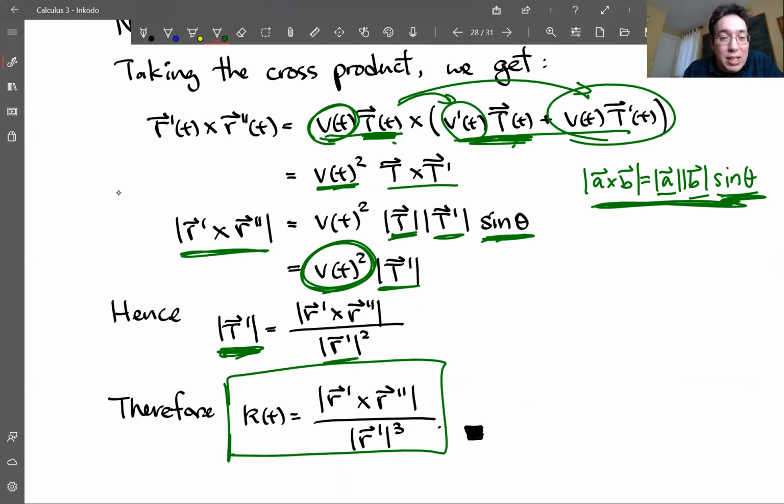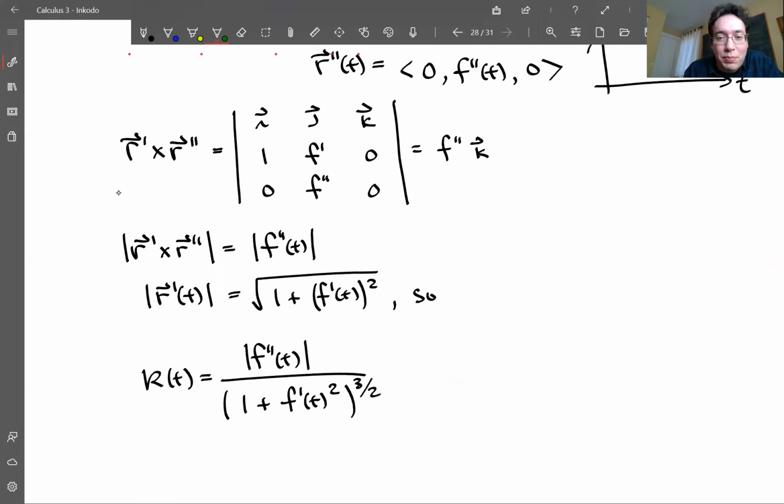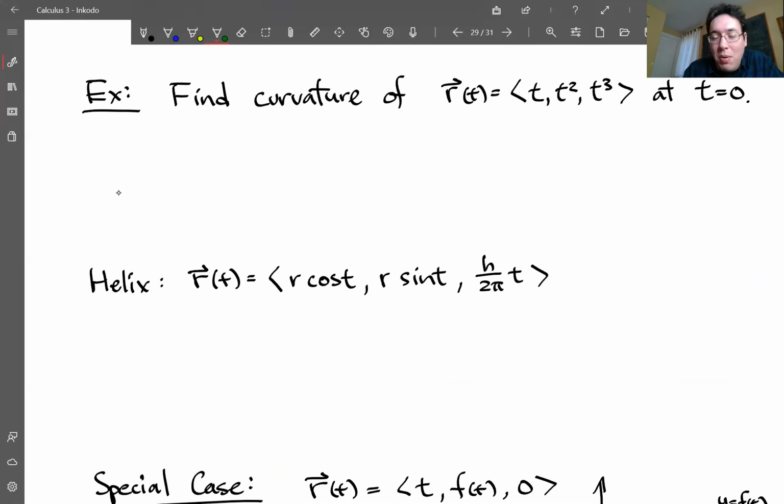Okay, let's try using this formula. All right, so let's take a curve, t, t squared, t cubed. So we take a couple of derivatives.